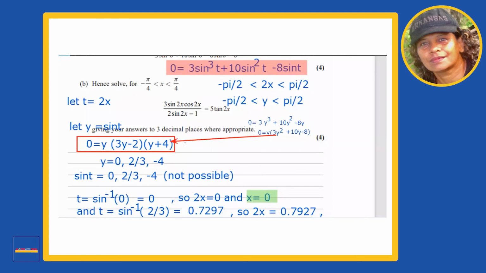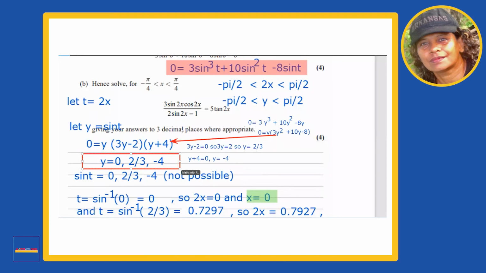Equating each factor to 0, 3y minus 2 equals 0, so 3y is equal to 2, so y is equal to 2/3. And y plus 4 is equal to 0, so y is equal to minus 4. So now I have these three values for y: 0, 2/3 and minus 4. But my y is actually sine t, so sine t is equal to 0, 2/3 and minus 4.